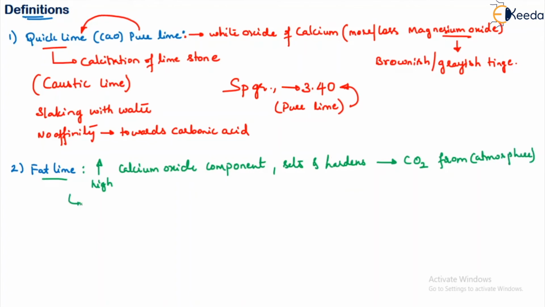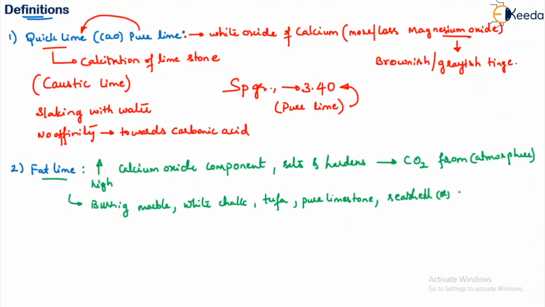So this fat lime is generally obtained by the burning of marble or white chalk or tofa. This tofa should contain the calcareous material or the pure limestone or seashells or the corals.